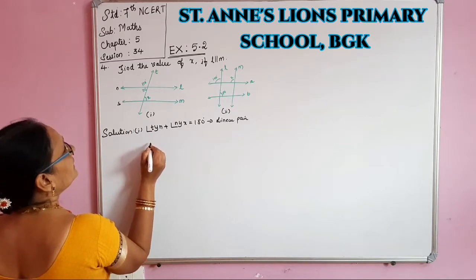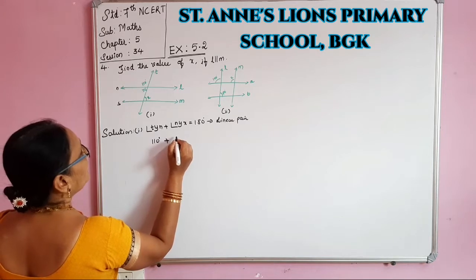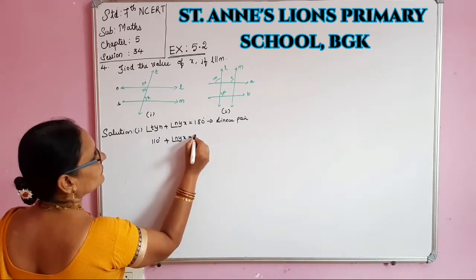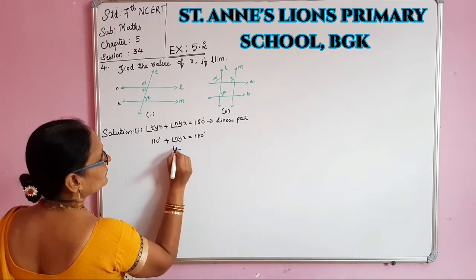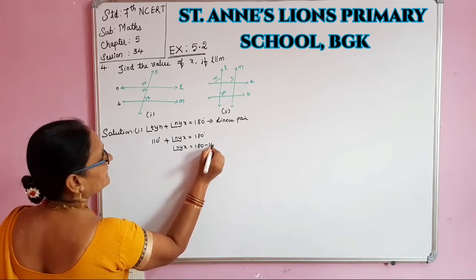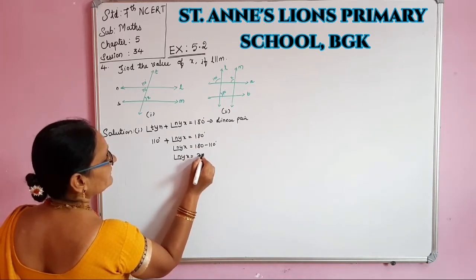Okay. Now TYN is 110 degrees plus NYX, we don't know, we have to find out. NYX is equal to 180 minus 110. So NYX equal to 70 degrees.